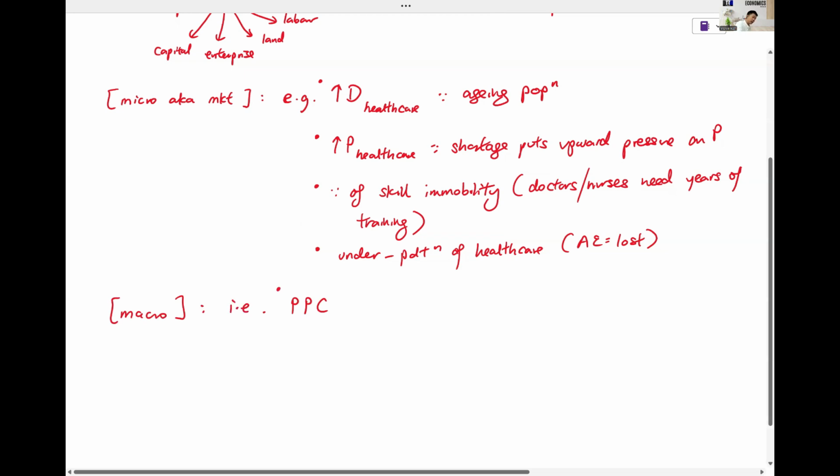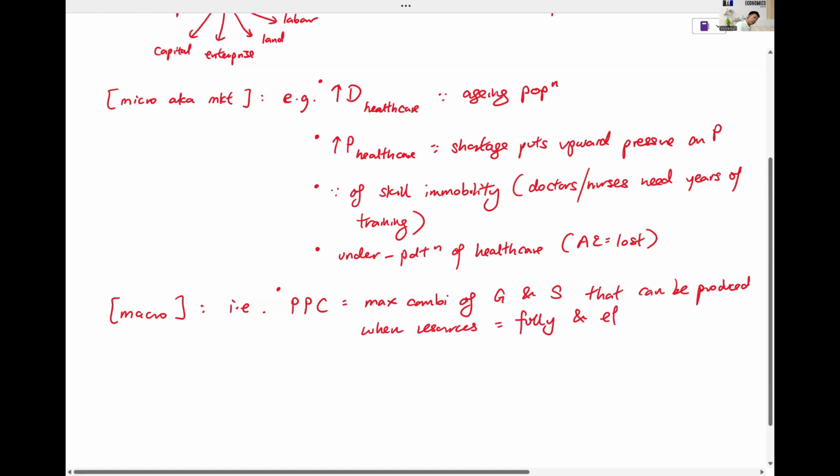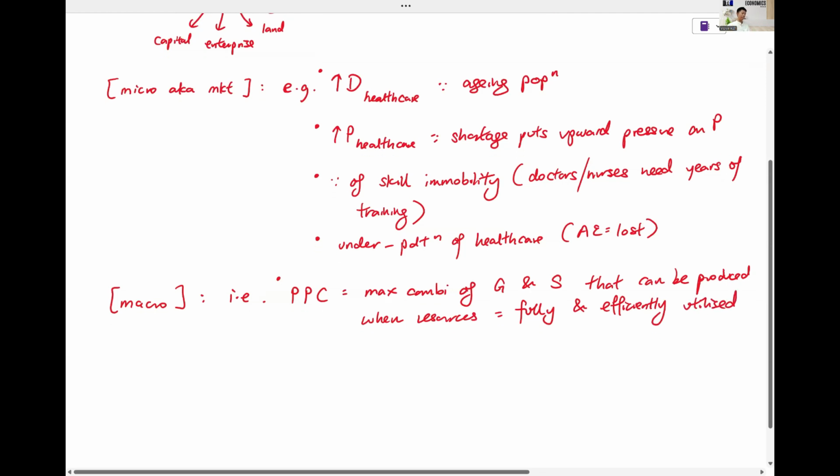PPC is defined as the maximum combination of goods and services that can be produced in an economy when resources are fully and efficiently utilized. Fully and efficiently utilized. Okay.